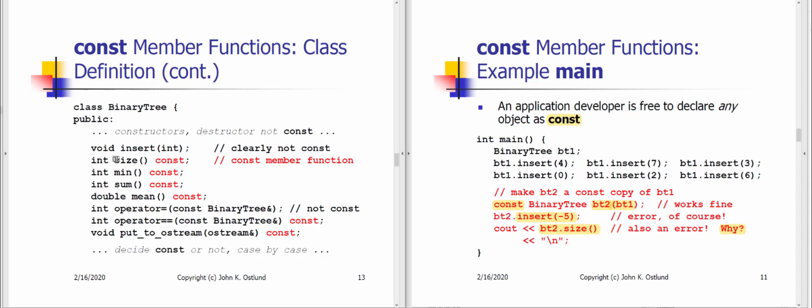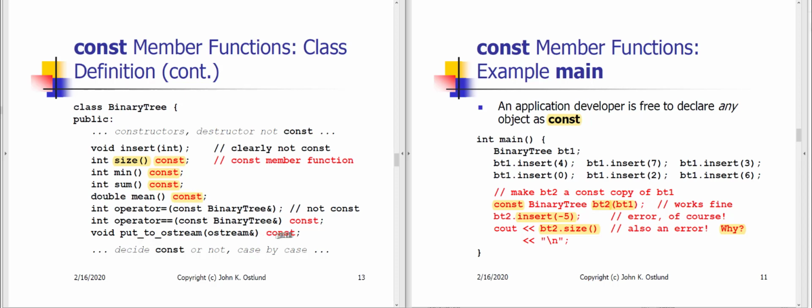We want size to be able to be invoked on a const binary tree object. And to tell the compiler that that's okay, we stick the word const at the end of the size member function's declaration. Similarly, we do that for the min function, and for the sum function, and for the mean function.